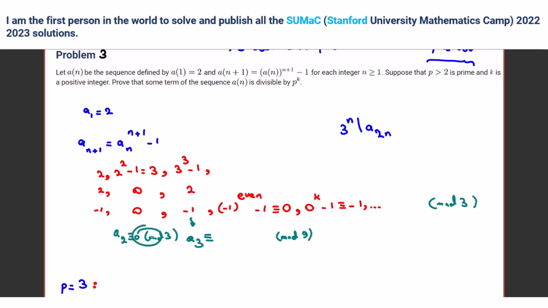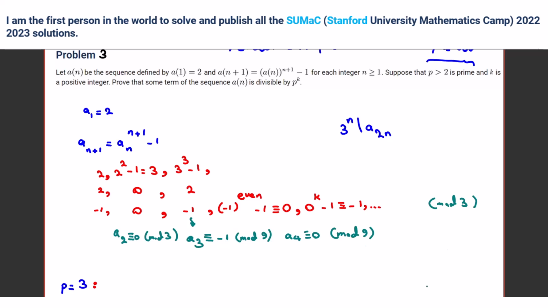Because it is 0 to the power of 3 minus 1, so it is negative 1 mod 9. Yes, I agree. Then you consider a4 mod 9, still. It's negative 1, so a4 mod 9 is 0, right? Yes.